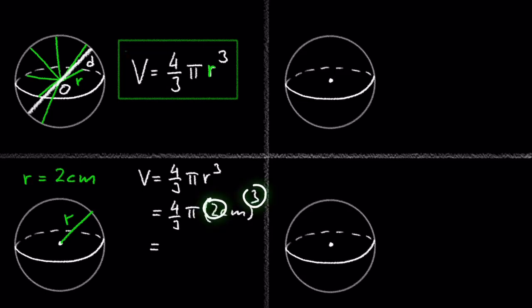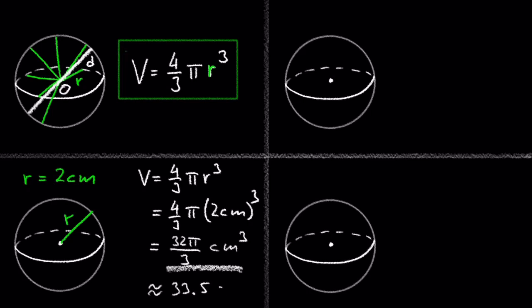Two cubed is 8 times 4 is 32. So we get 32 times pi over 3 cubic centimeters, which is approximately 33.5 cubic centimeters.